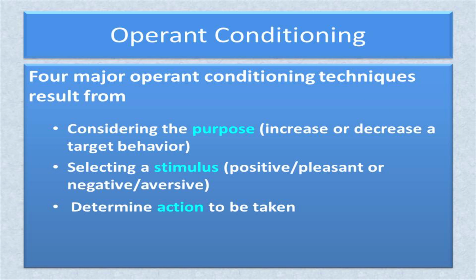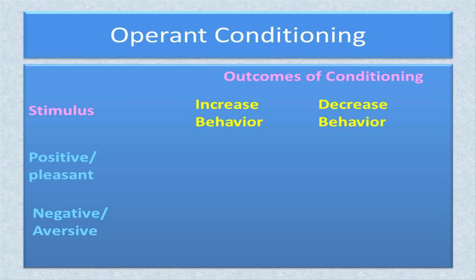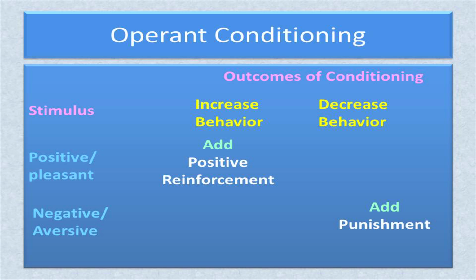Next, an action is selected, that is, to add a pleasant or positive stimulus, in which case the technique of positive reinforcement is considered to have been used, to increase the frequency of a target behavior, or add a negative or aversive stimulus, in which case the technique of punishment is considered to have been used to decrease a target behavior.